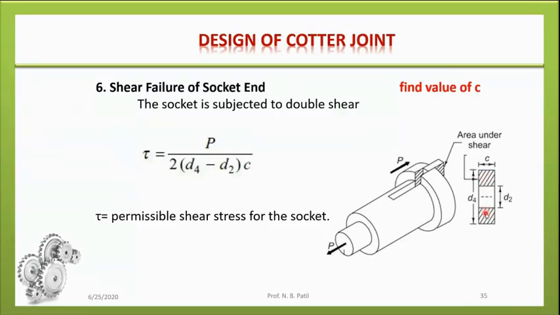Again, two areas over there on both sides, that's why in the equation we multiplied by 2. Understand? And the particular area is D4 minus D2, multiplied by the value of C. This is the area under shear. Now from that equation we require to find out the value of C. Understand this thing?